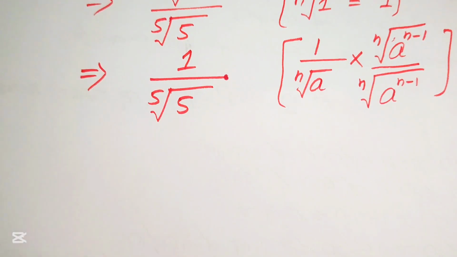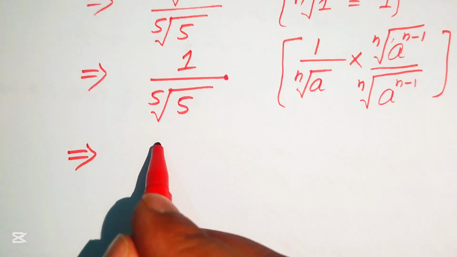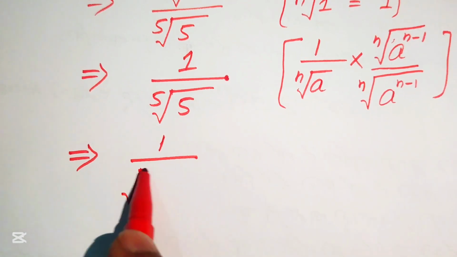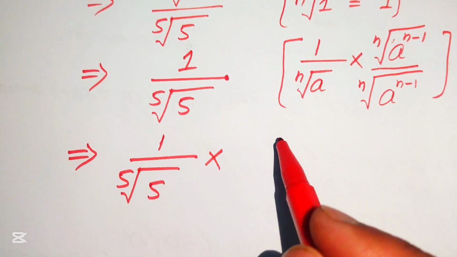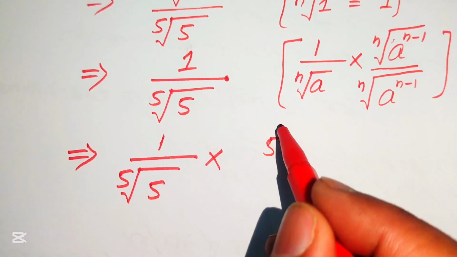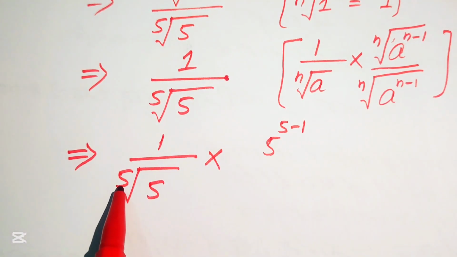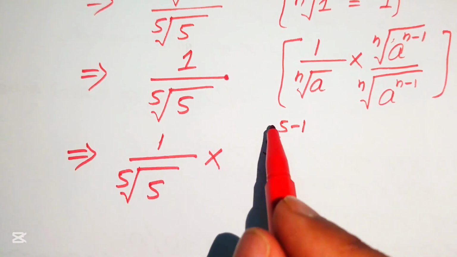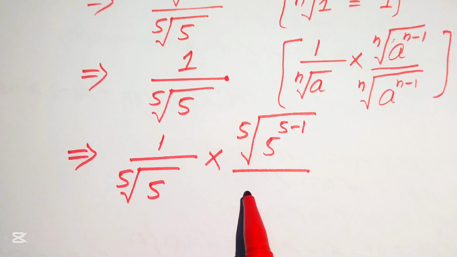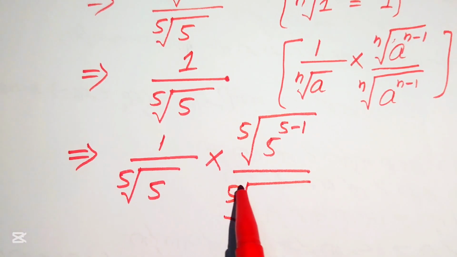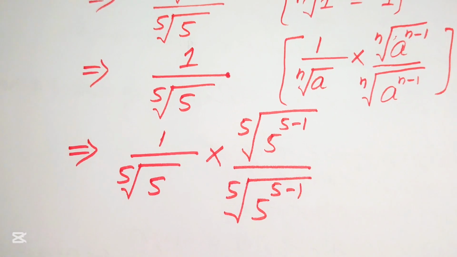We rewrite our expression as 1 over the fifth root of 5, multiplied by the fifth root of 5 to the power of 5 minus 1, because here n is equal to 5, divided by the fifth root of 5 to the power of 5 minus 1.